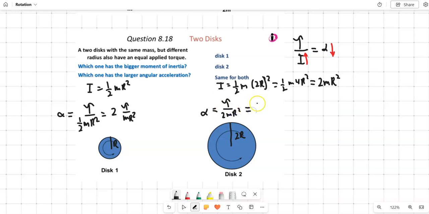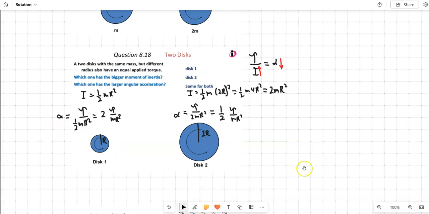So while it's got 4 times the moment of inertia of this other object, this other object here is going to have 4 times the angular acceleration of the larger object. Okay, so that's how torque and moment of inertia interplay to affect alpha. And that's the basics of dynamics.